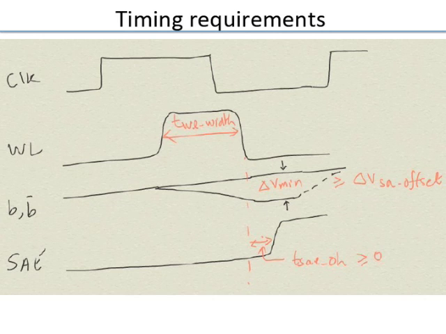So every read and write, this replica will get charged and discharged. So we have double the energy? Not double. Remember, there's only one replica for an array. An array might have 64, 128, 256 columns, and there's only one replica bit line.